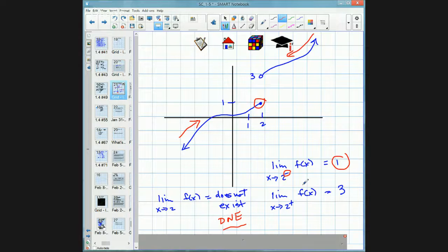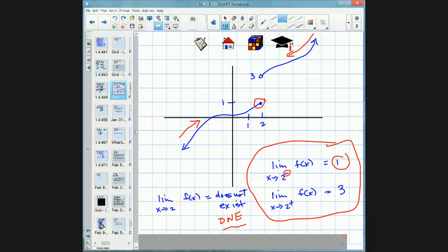Over on the right, it says the right-hand limit is 3, the left-hand limit is 1. They don't agree, so overall, what's the limit of the function as x approaches 2? It doesn't exist. DNE, does not exist.